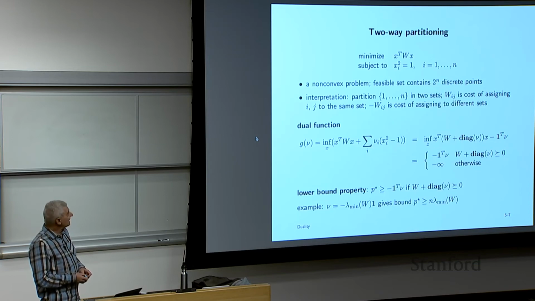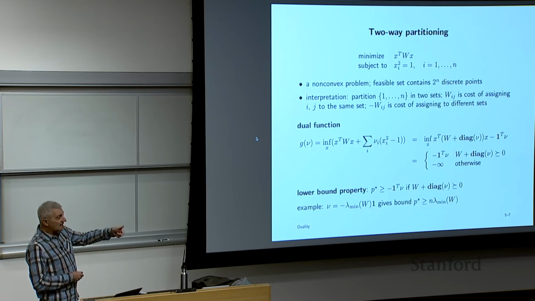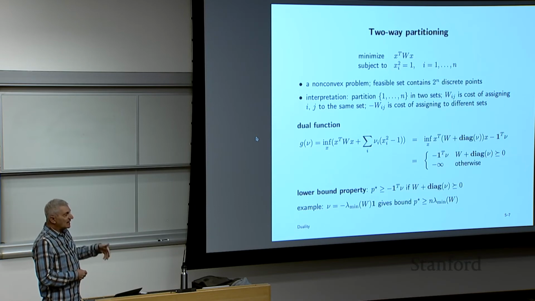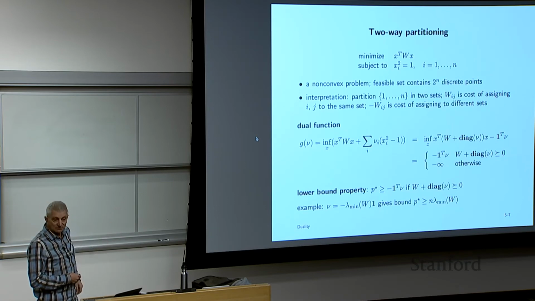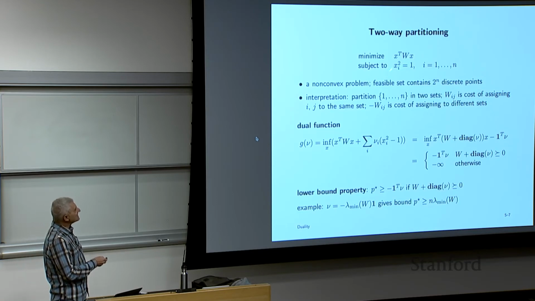And the way I'll do that is I'll encode it with a vector x that has plus or minus 1. Xi equals +1 means item i is in the first group. Xi equals -1 if you're in the second group. Everybody got it? So that's the picture. That says that each x is either plus or minus 1.